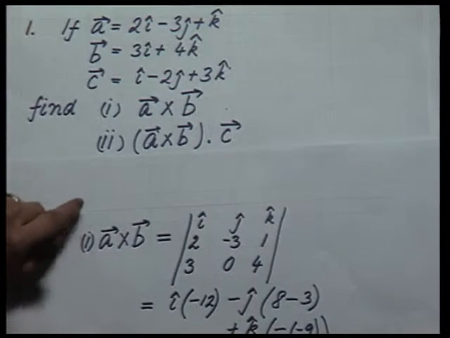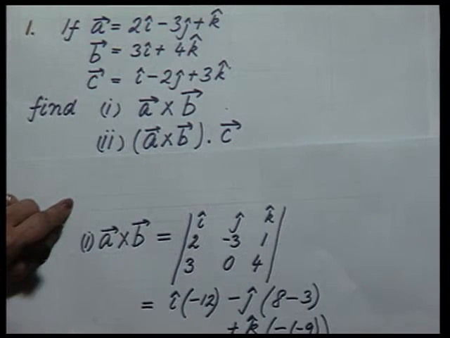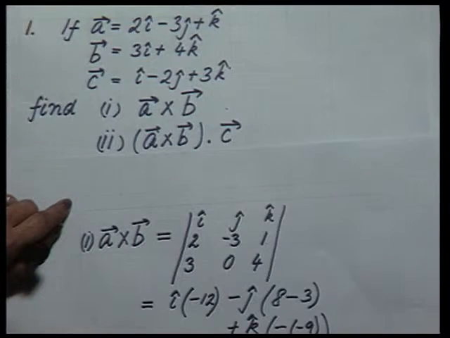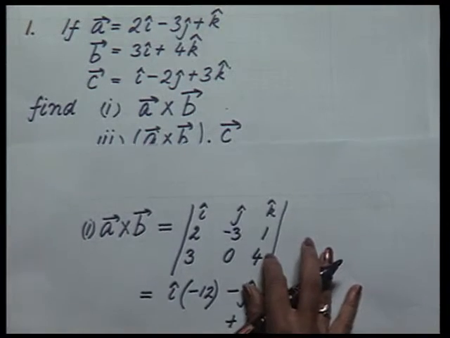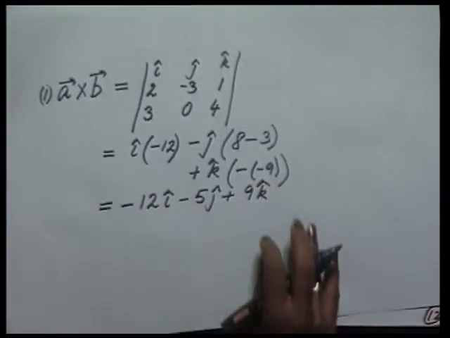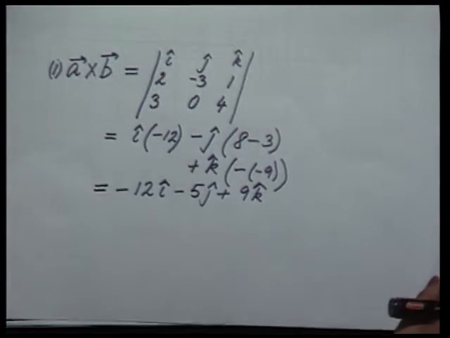And then in the second part, when you take A cross B dot C, all I have to do is to use the component rule for the dot product of 2 vectors.